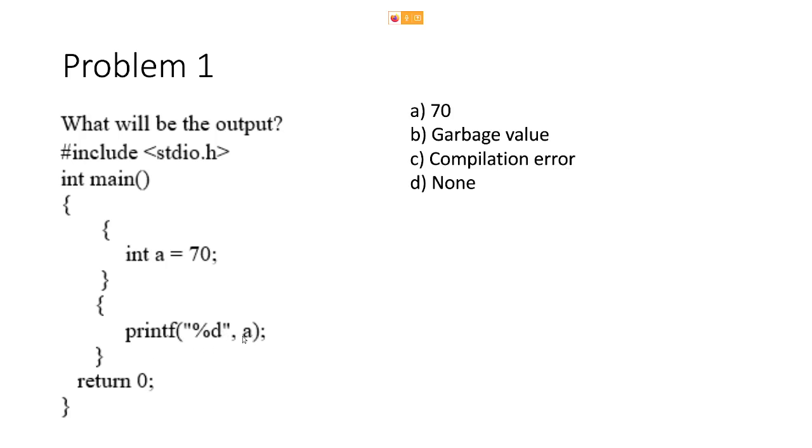It will say that a cannot be used here because it has not been declared in this scope. There is no variable a which it can see here, which it can print. So the answer is option C, compilation error.